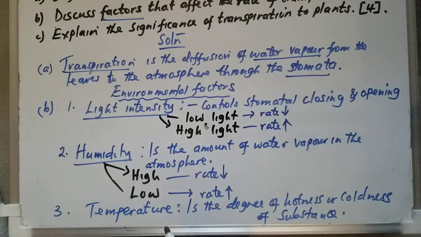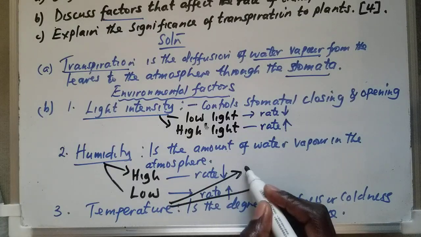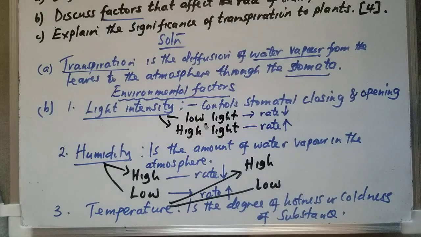Now, how does temperature affect the rate of transpiration? Again, when you're explaining this, you can explain when you have high temperature and when you have low temperature. Temperature increases the kinetic energy of molecules.